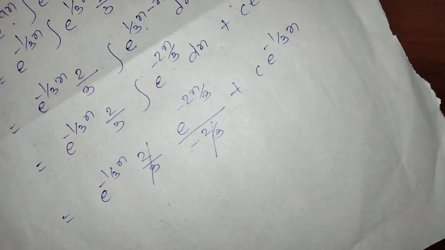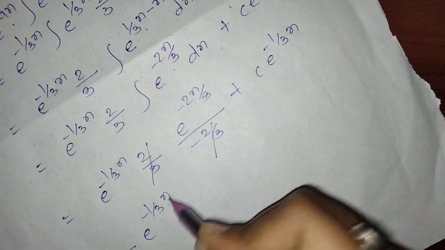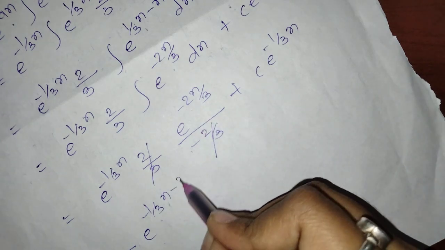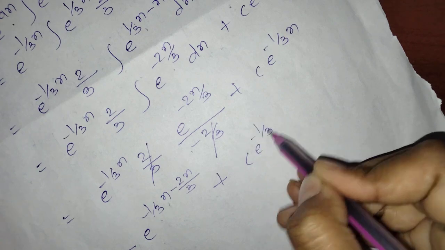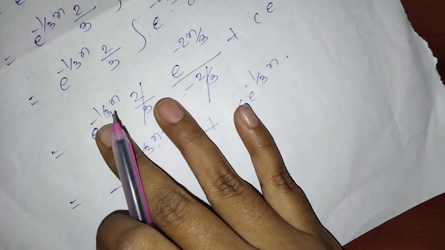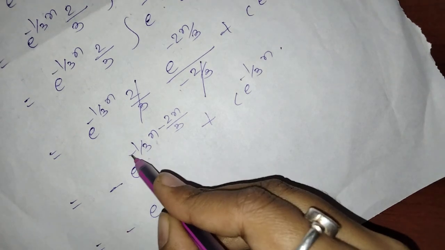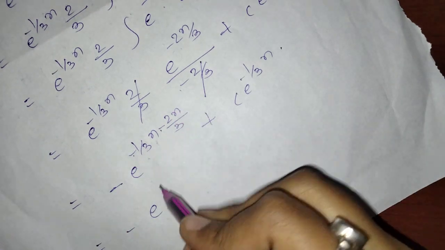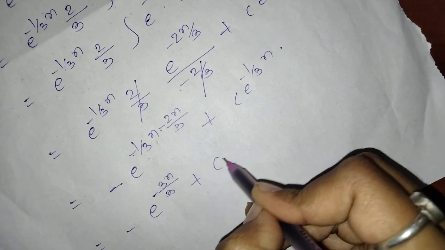So we get minus e raised to minus 1 upon 3x minus 2x upon 3 plus c e raised to minus 1 upon 3x. Because bases are equal, we take the addition of the powers, we get minus e raised to minus x minus 2x minus 3x upon 3 plus c e raised to minus 1 upon 3x.